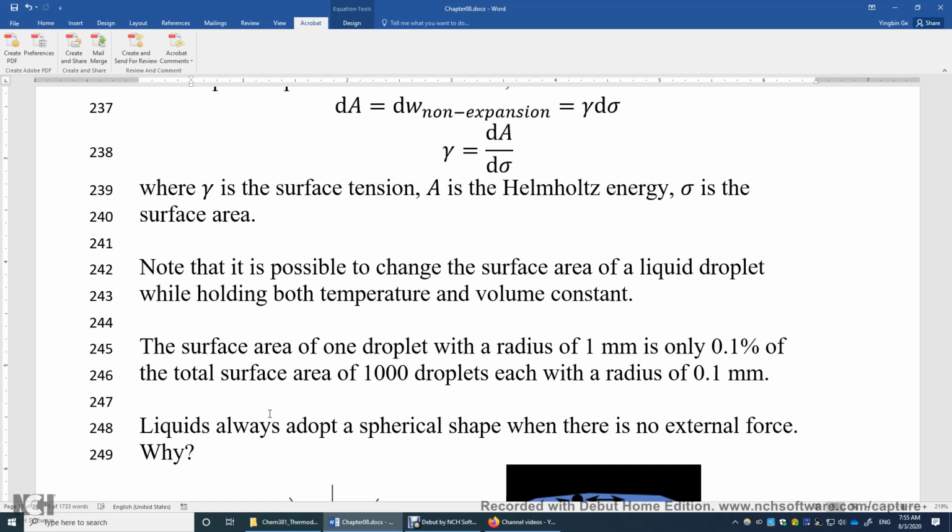But you have 1,000 such droplets, so 1,000 times 1%. That means by breaking 1 drop into 1,000 drops, you increase the surface area 10-fold. That's bad. But why is that bad? Why is a large surface area unfavored?